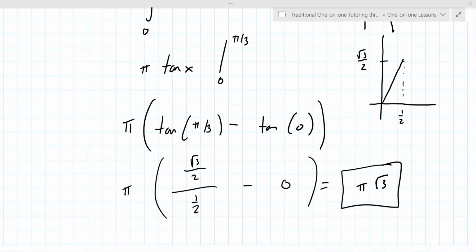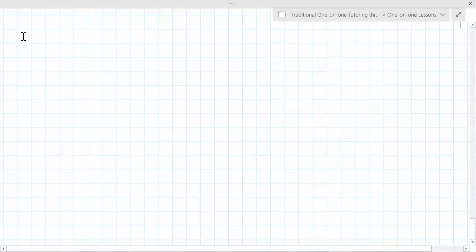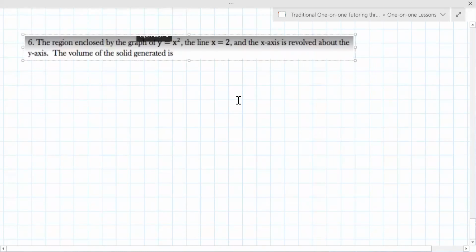Perfect. All right, up to number 6. All right, the region enclosed by the graph of y equals x squared, the line x equals 2, and the x-axis is revolved about the y-axis.